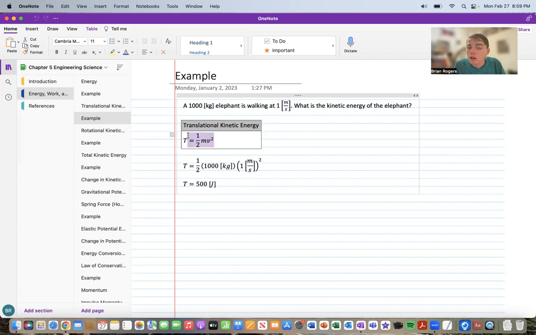Well, using the equation, we were given the mass as 1,000 kilograms, and the speed of the elephant is 1 meter per second. Knowing our velocity and our mass, we're able to calculate the translational kinetic energy, which is 500 joules.